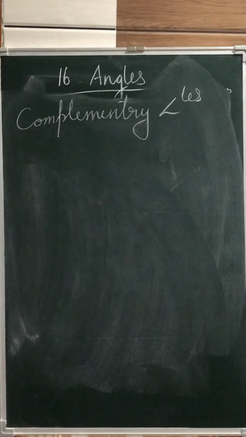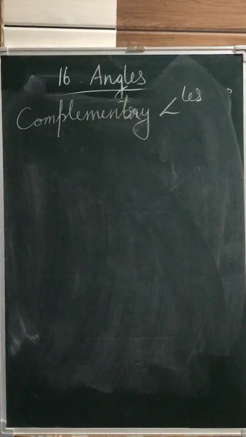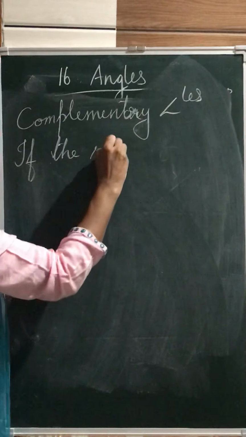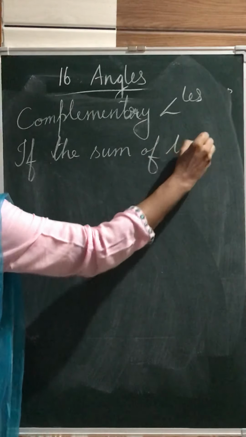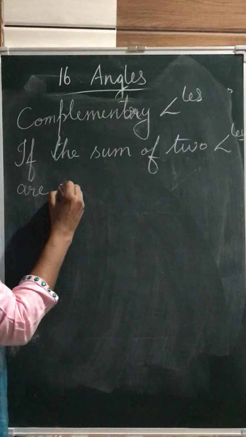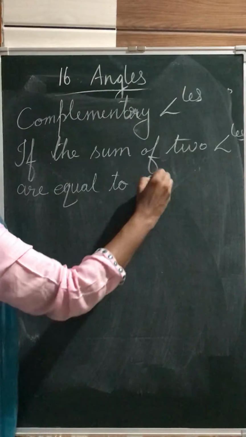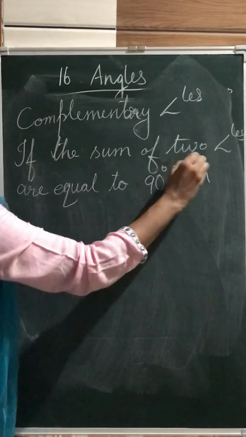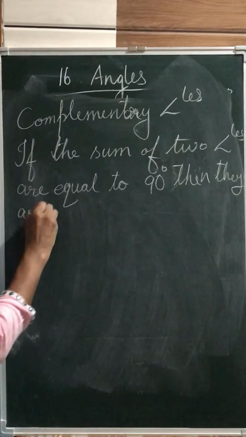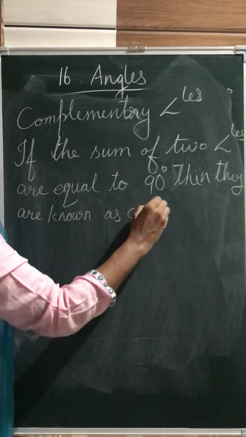If the sum of two angles is equal to 90 degree, then they are known as complementary angles.